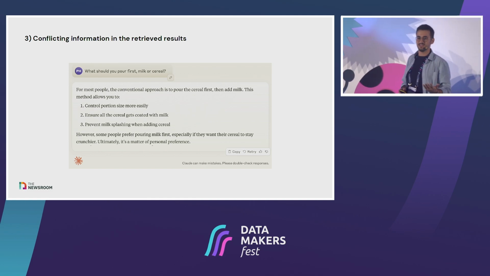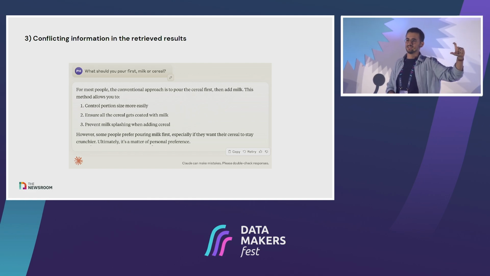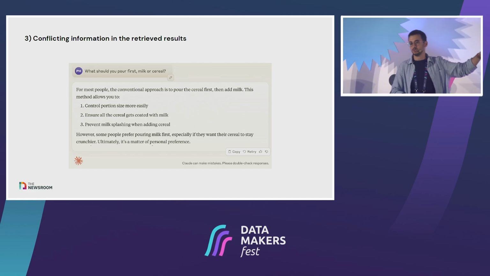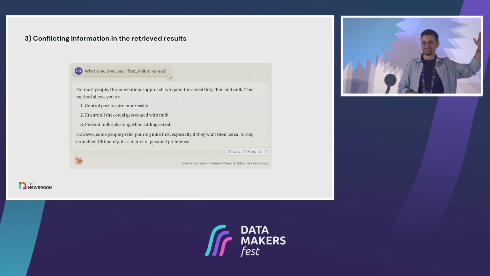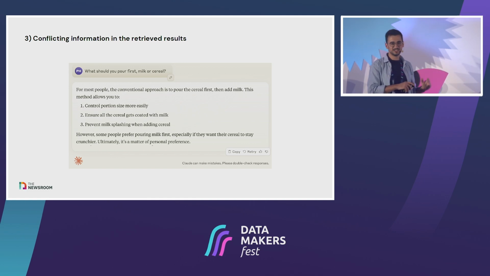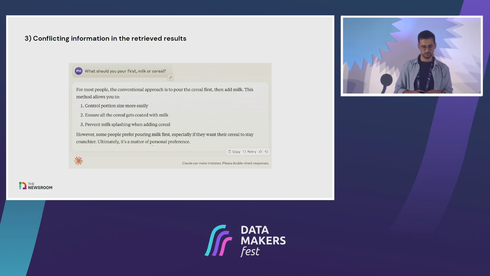It started the answer by saying very clearly that the conventional approach is to pour cereal first, and I agree with pouring cereal first. It gives a lot of arguments for why you should do that, and then just at the end it shows a very little comment saying, well, you can also pour milk first, and here is one argument for why you might do that. Obviously this is quite imbalanced, right? It's really only focusing on one opinion, much more than the other one.